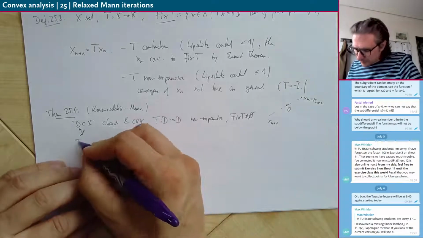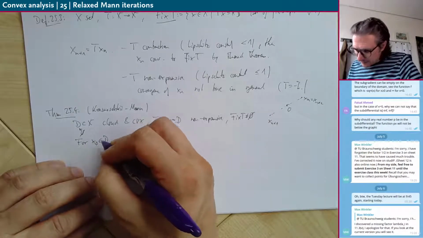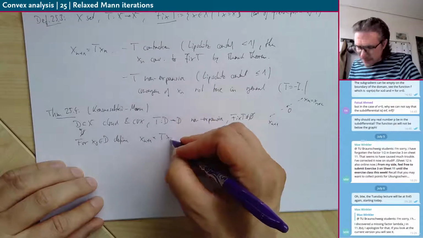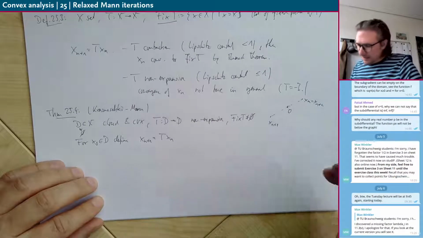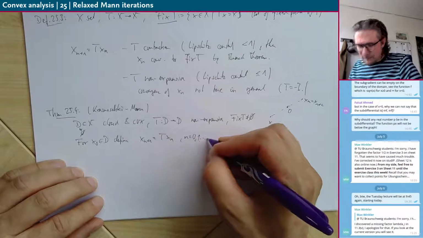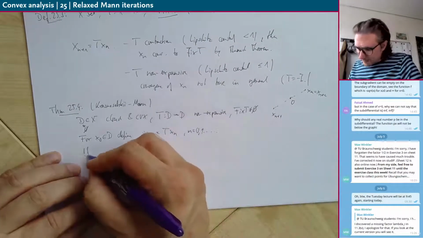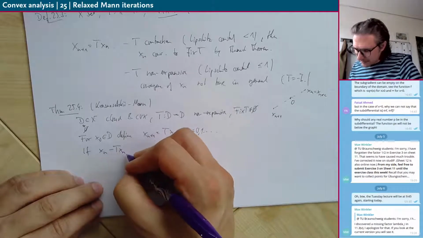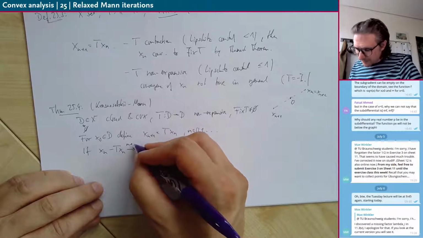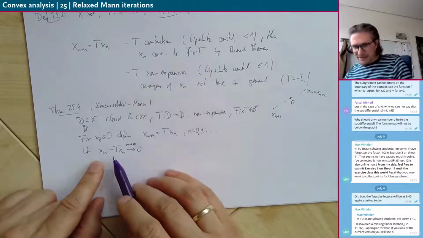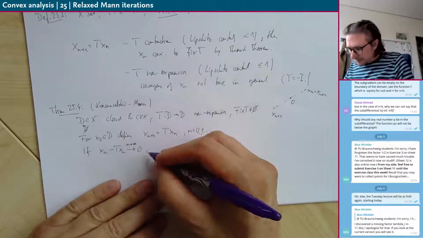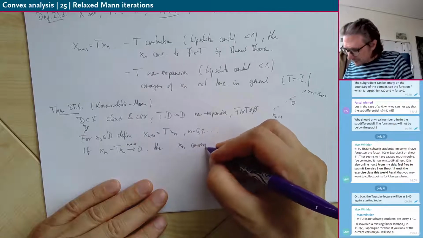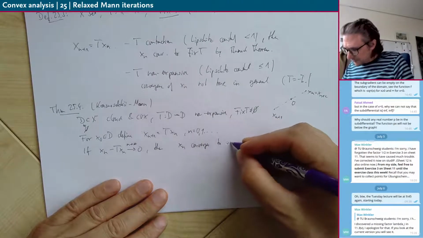Okay, and then for some x_0 in D, we define the sequence x_{n+1} = T x_n, so just the fixed point iteration. And then the statement is if it holds that ||x_n - T x_n|| goes to 0 for n to infinity, so the distance between x_n and x_{n+1} goes to 0, then x_n converges to some fixed point.